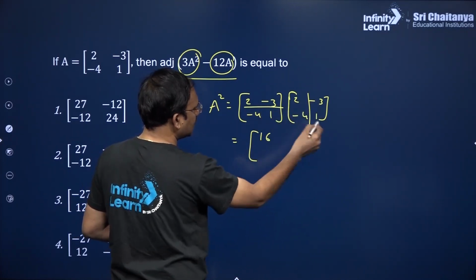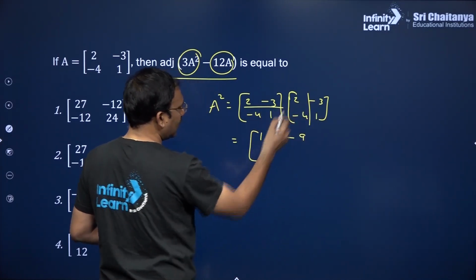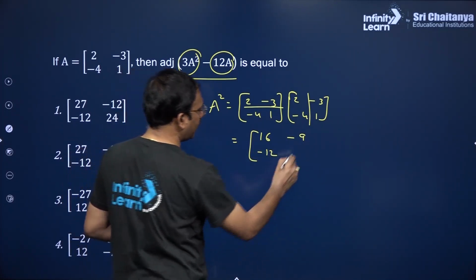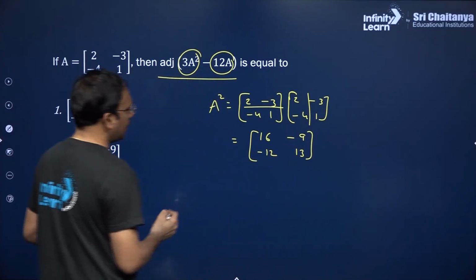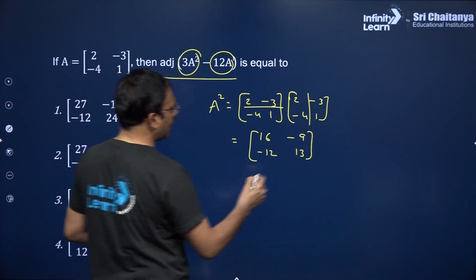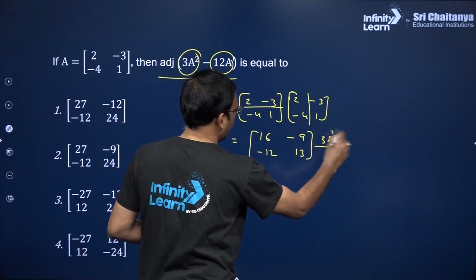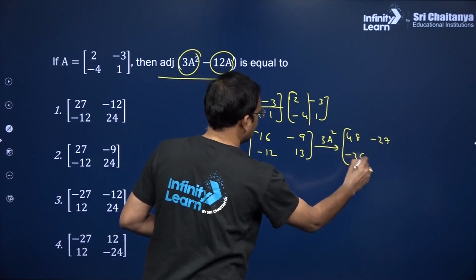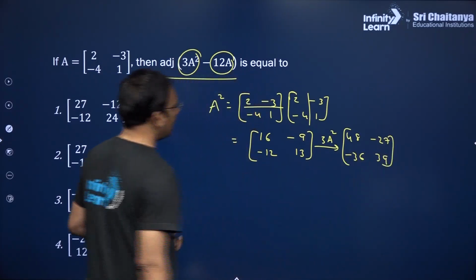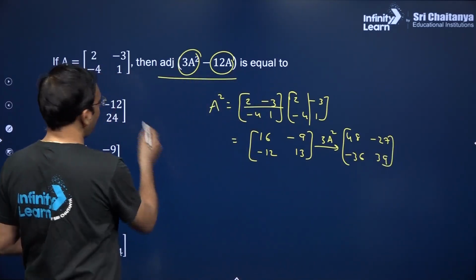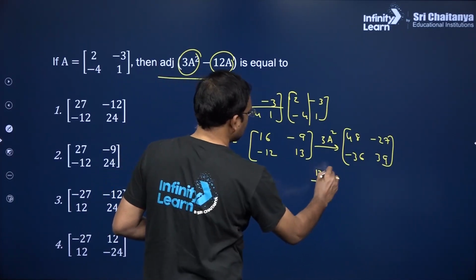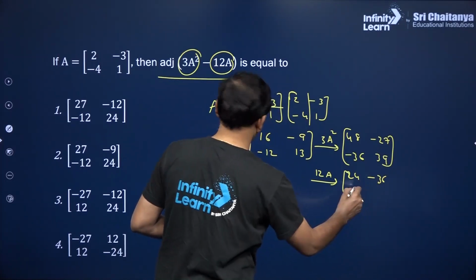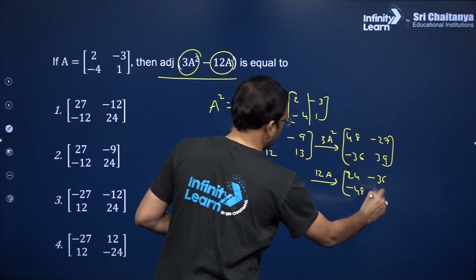This is minus 6 minus 3 minus 9, minus 8 minus 4 minus 12. This is 12 plus 1, 13. This is A square. So 3A square will become 48, minus 27, minus 36, 39. Similarly 12A is going to be, my dear friends, 24, minus 36, minus 48 and 12.